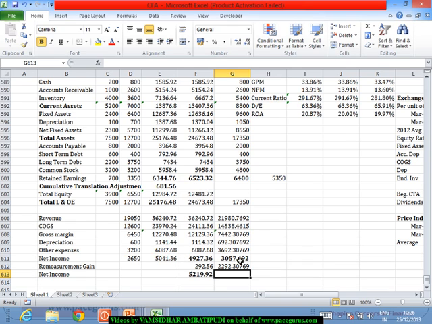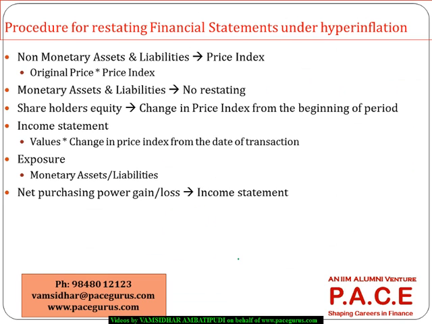Revenues and expenses I'll multiply by the average exchange rate during the period, and finally find out my cumulative translation adjustment in this process. That is what I am going to do as a part of working in a hyperinflationary environment.